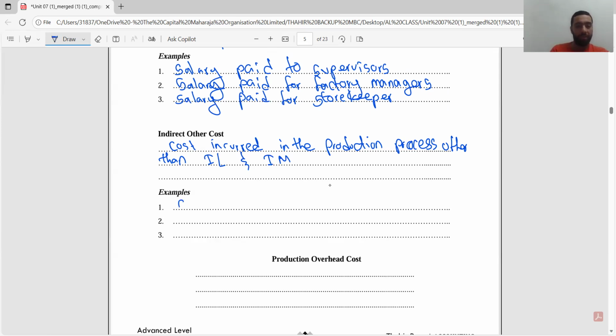What are the examples? Factory rent, electricity, depreciation. So these are the indirect other costs.